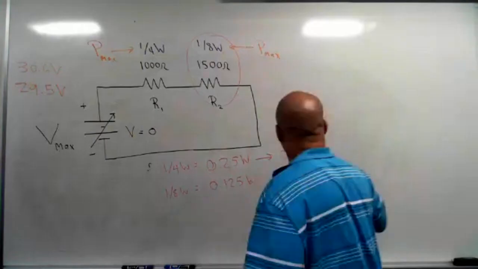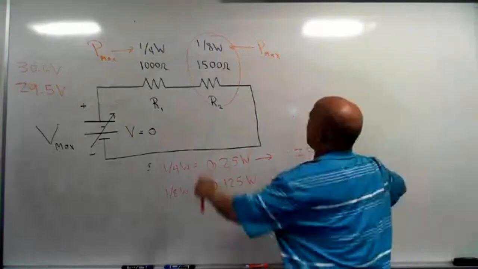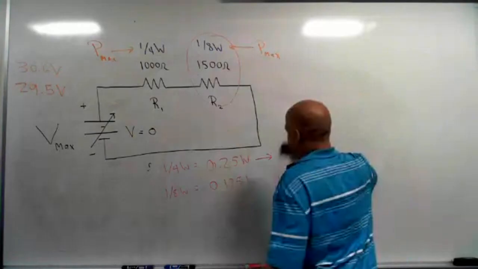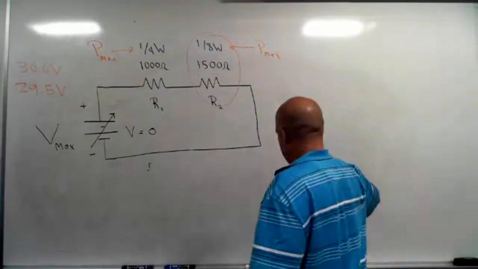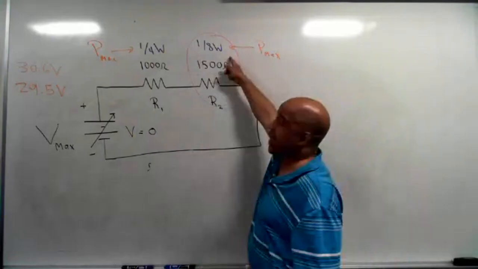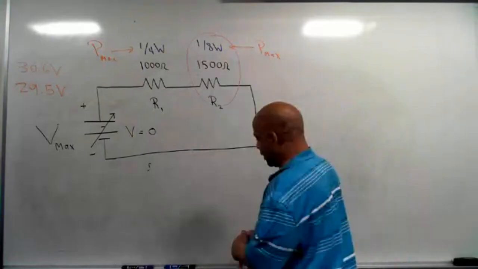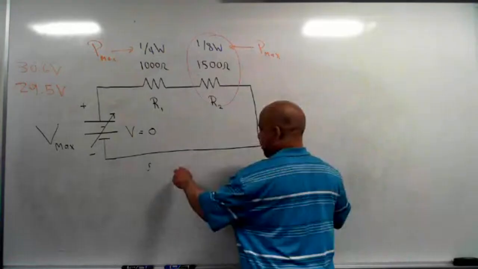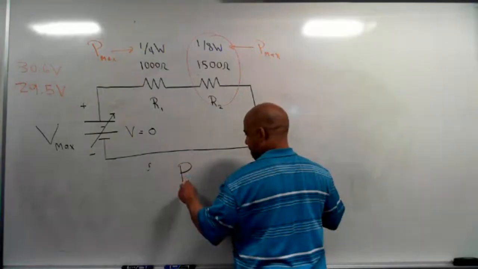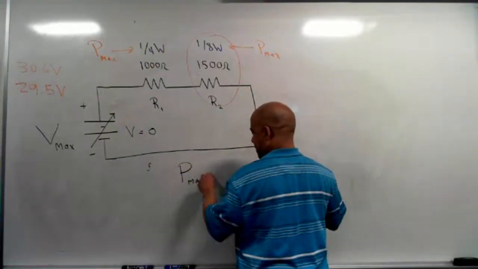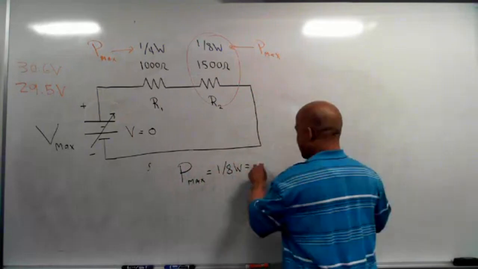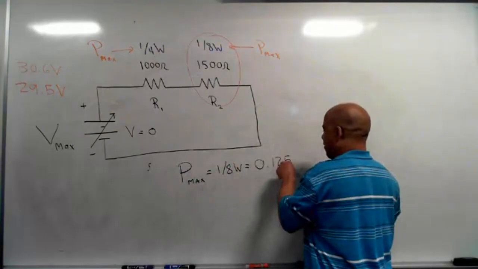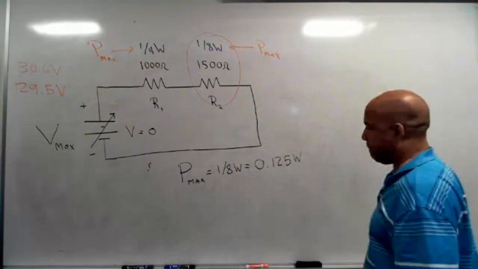Now, if I use this value right here, P max, the maximum power that this resistor can handle is 1/8 watt. So I'm going to use that. I know P max is 1/8 watt, which is 0.125 watts as a decimal.